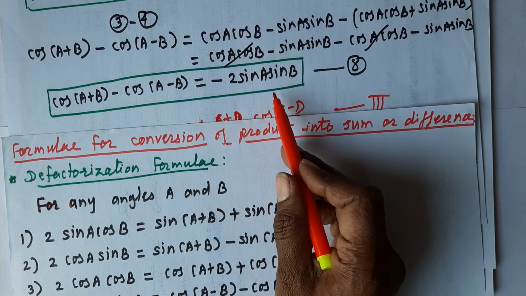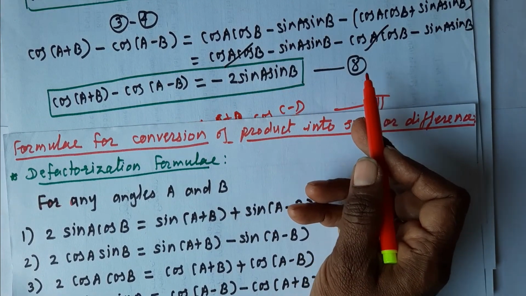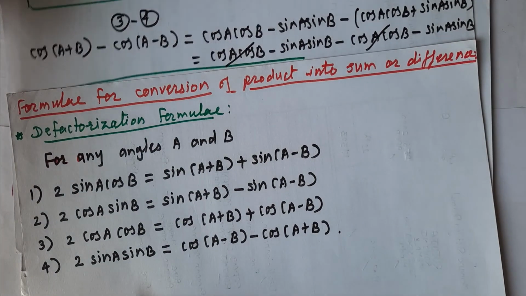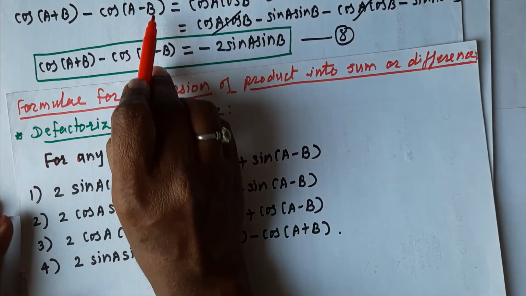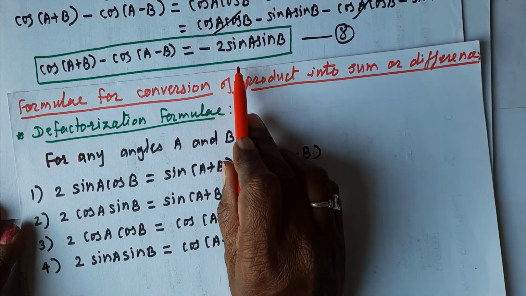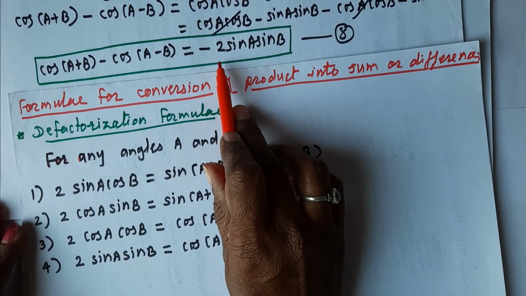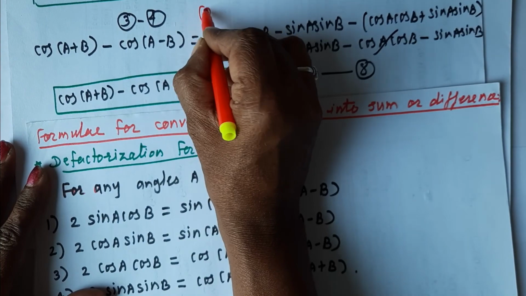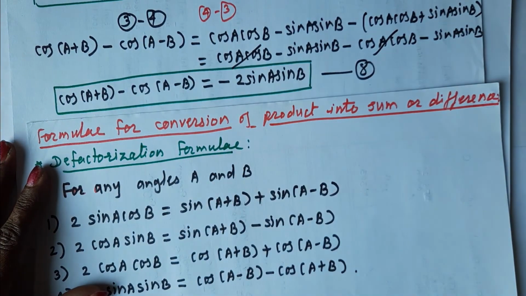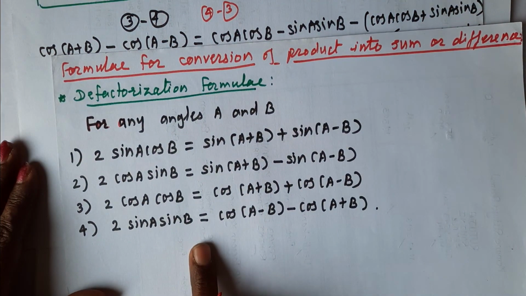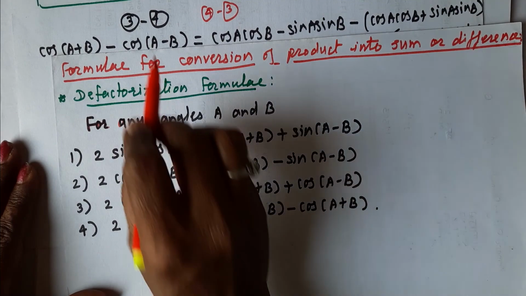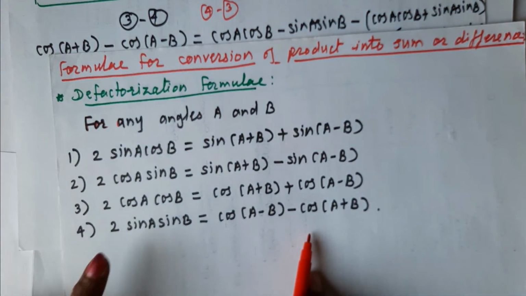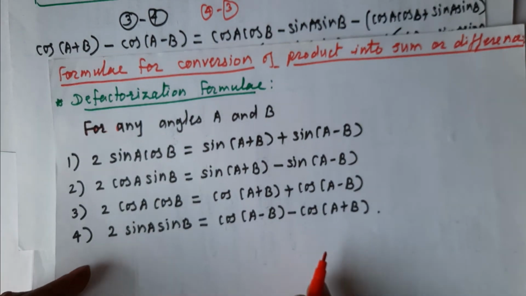But there is a plus sign in the formula, and if we take 3 minus 4, we get a minus sign. To remove this minus sign, instead of 3 minus 4, we take 4 minus 3, and we will get the fourth defactorization formula directly.